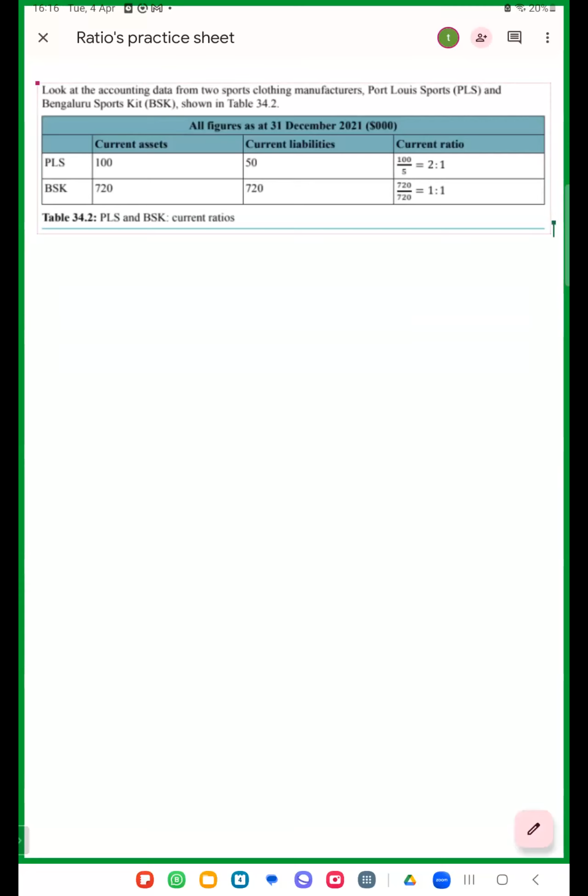Okay, let's open it. Have a look at this. See if you can calculate.